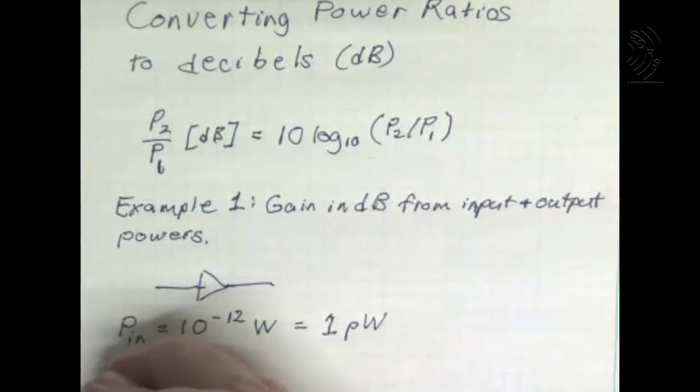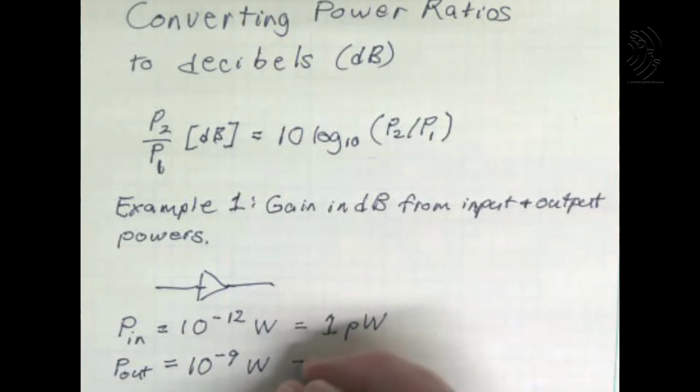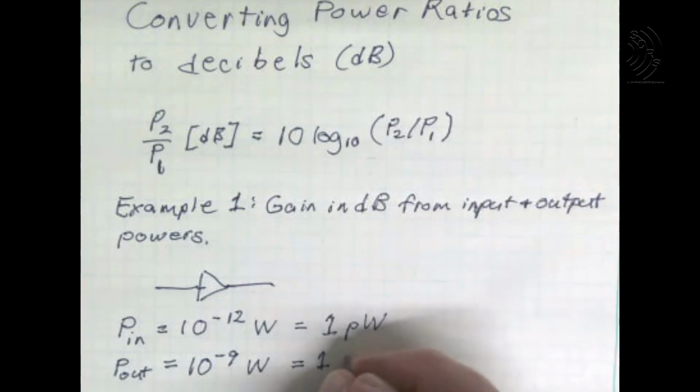And an output power of 10 to the negative 9 watts, and that's 1 nanowatt.